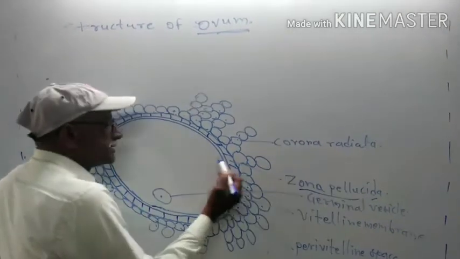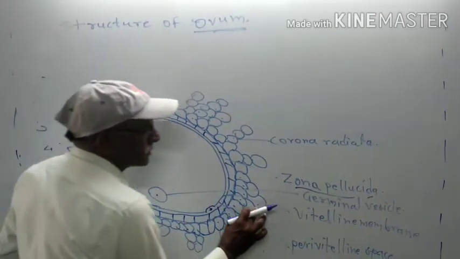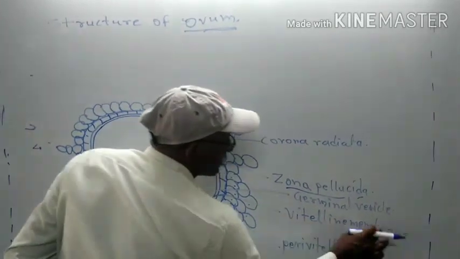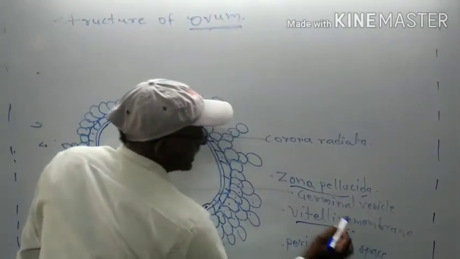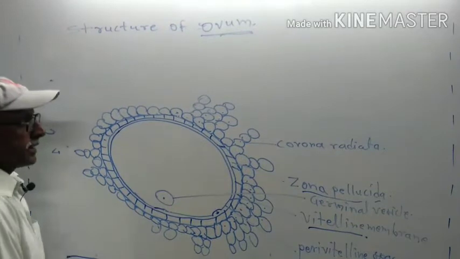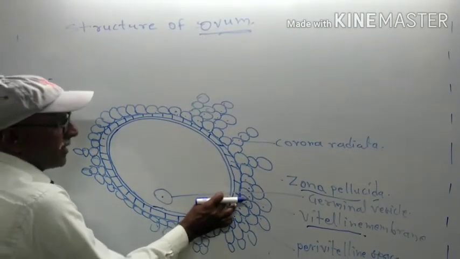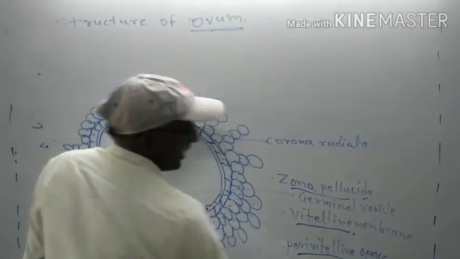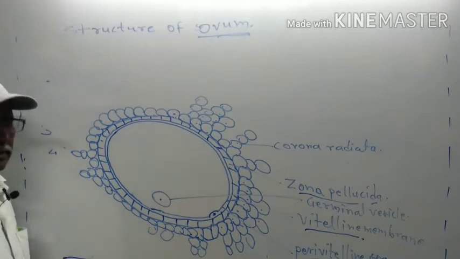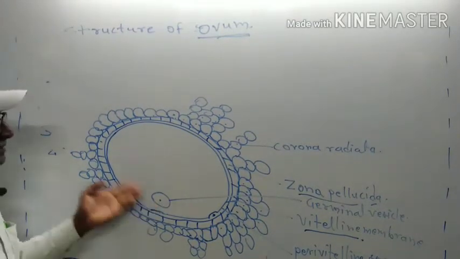Then inside the zona pellucida, there is a membrane. That is called the vitelline membrane. In between the zona pellucida and the vitelline membrane, there is a little space. That space is called the perivitelline space.